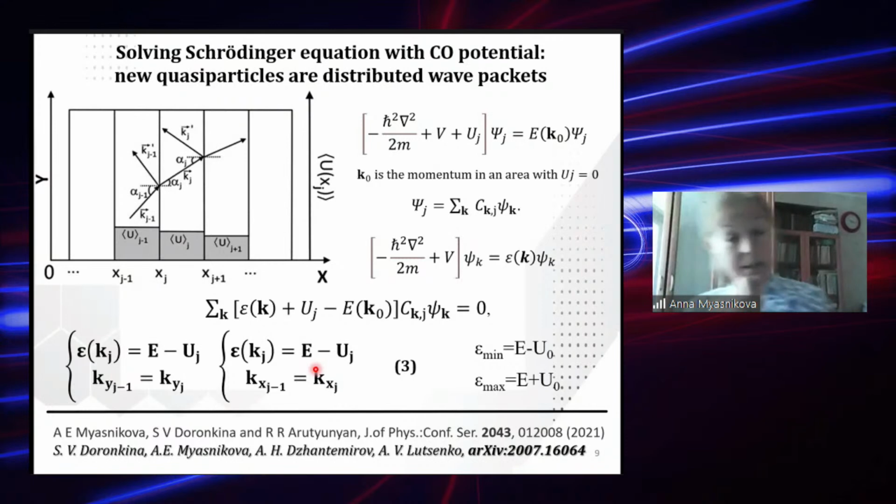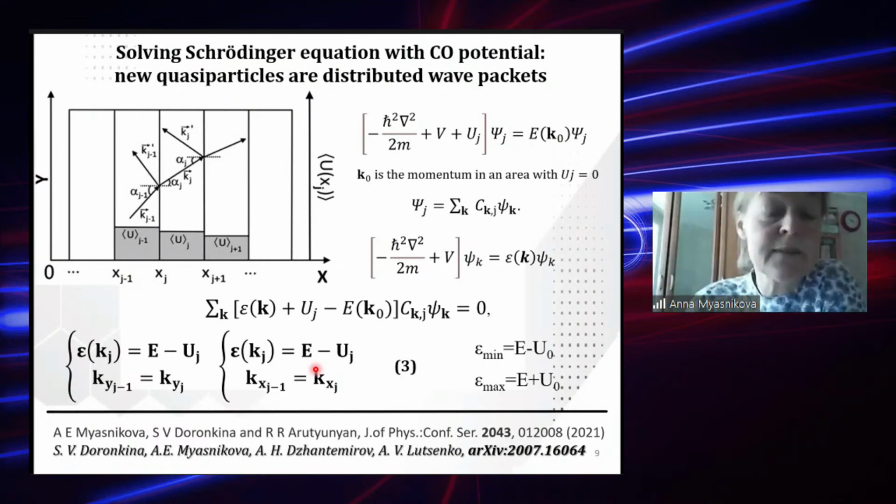To consider the one-dimensional, simplest potential, we divide the crystal into stripes, and for the two-dimensional into squares. In each square, we consider the potential of the charge ordering to be constant. And we solve the Schrödinger equation with this additional charge ordering potential.